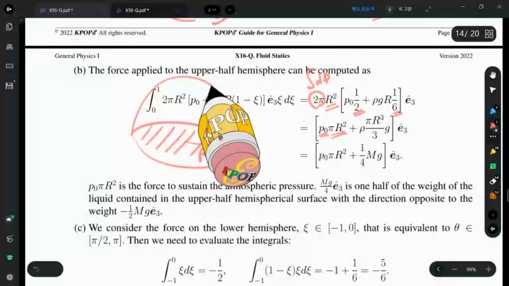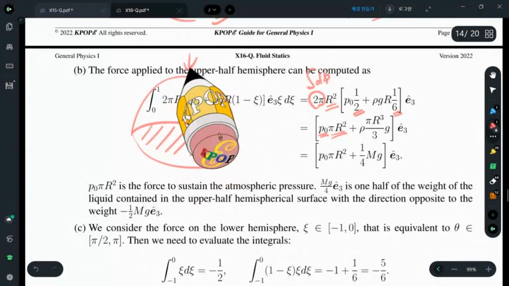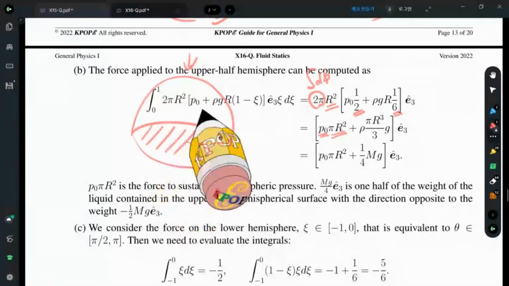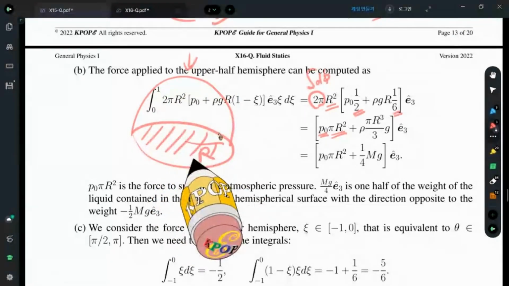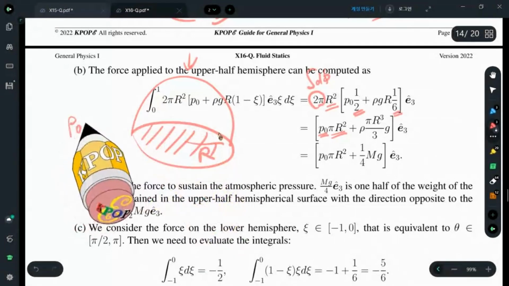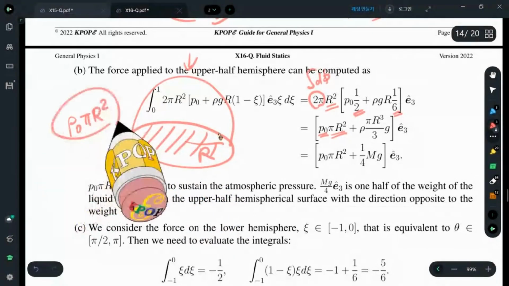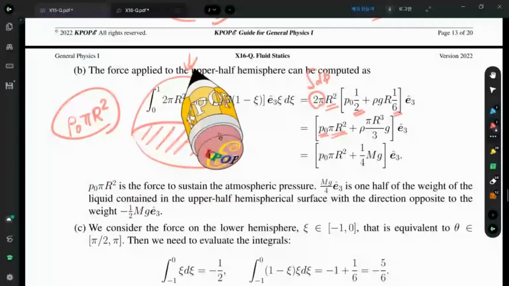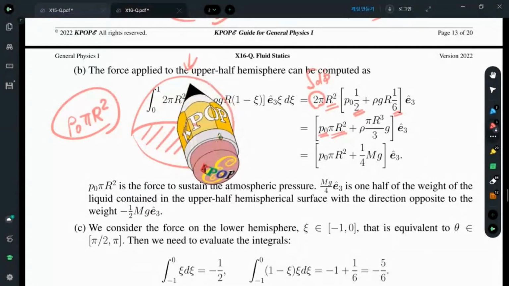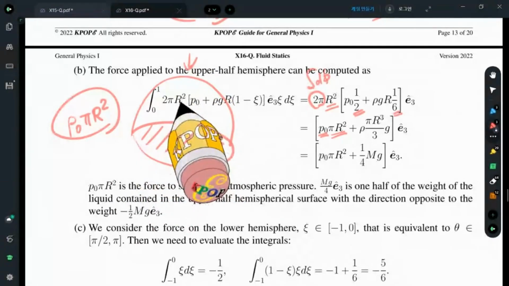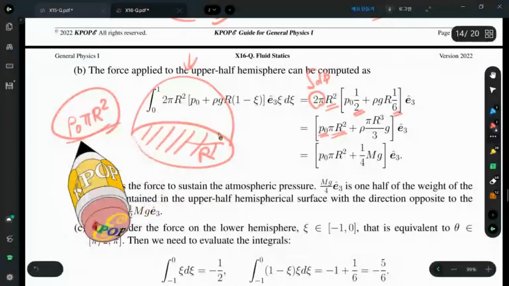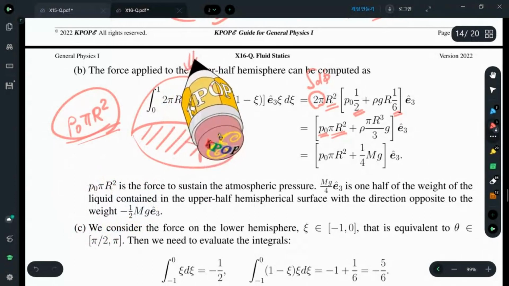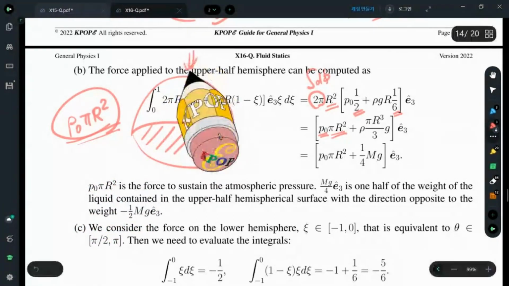Atmospheric pressure gives the total force P0 pi r squared that is pressing down the upper hemisphere. To sustain that atmospheric pressure, the liquid applies a force equivalent to that one. The net force applied by the air to the liquid is downward.